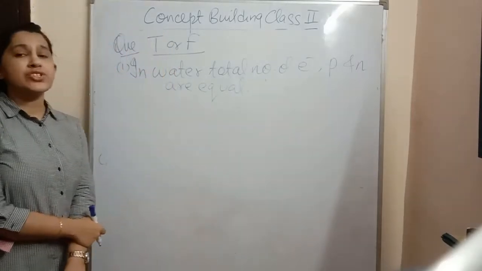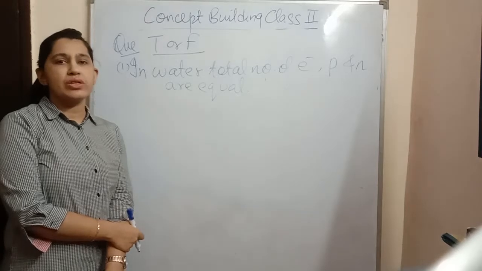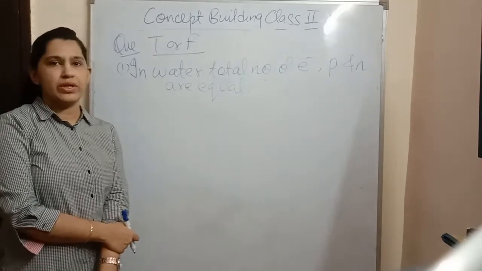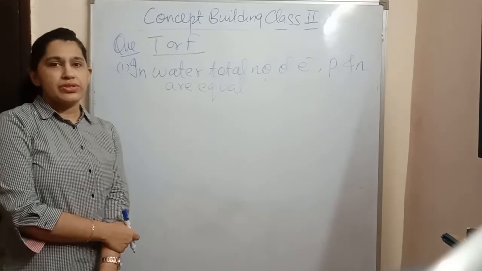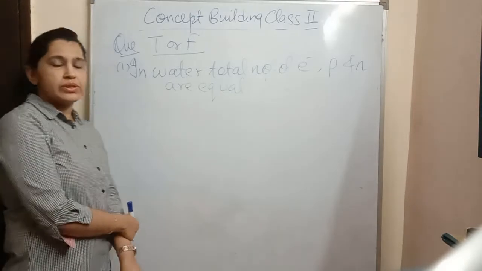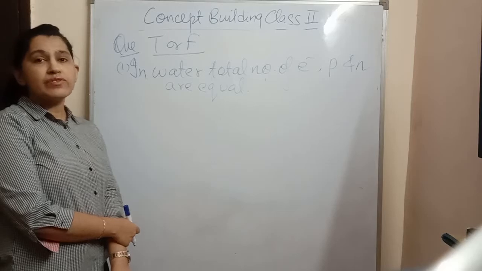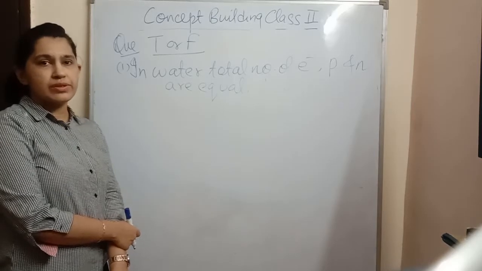I have written one statement: in water, total number of electrons, protons and neutrons are equal. Just think about it, whether it is true or false. And how is it so? Can you give a suitable explanation for it?